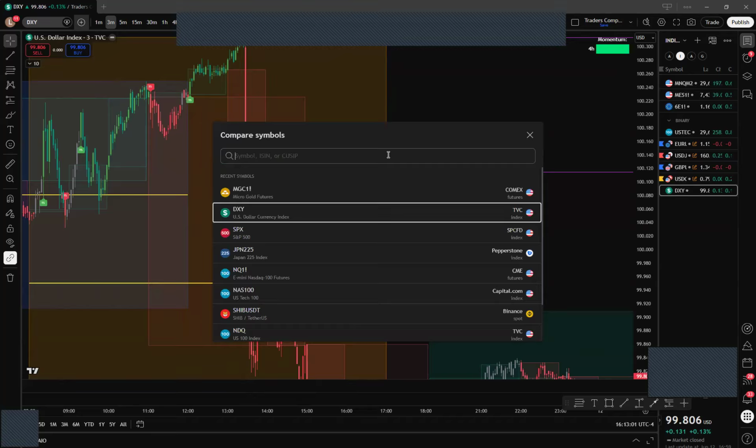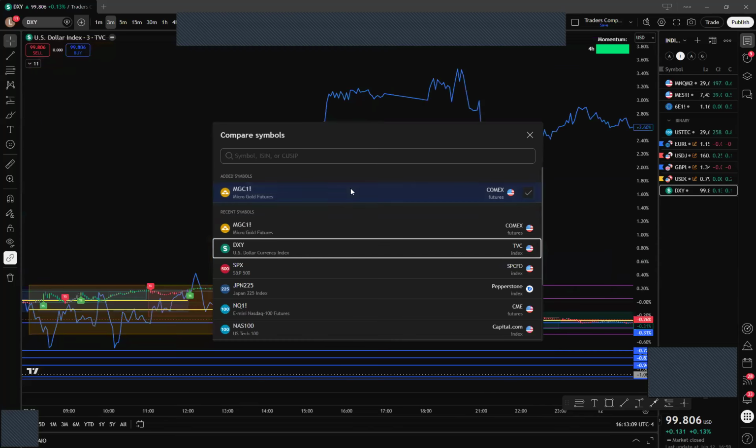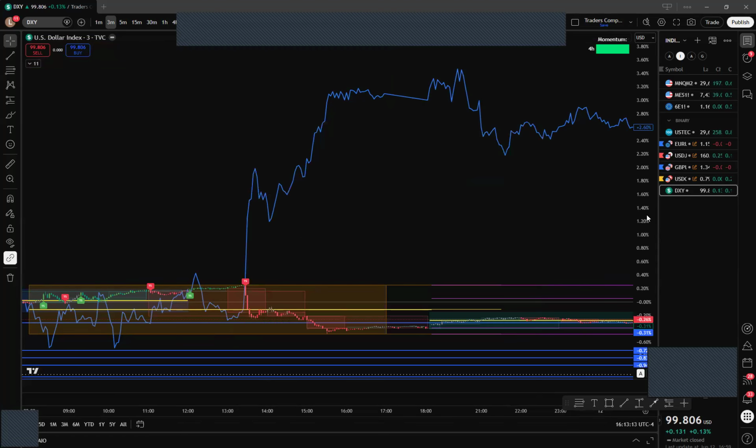Now, if you're trading with the free version, you can add or compare, let's say, gold. If you're a gold trader, you can add gold to your chart. The only problem with adding gold is you can't drag the chart in the same way, so it's difficult for me to bring up the chart, but I just want to show you for numbers' sake.